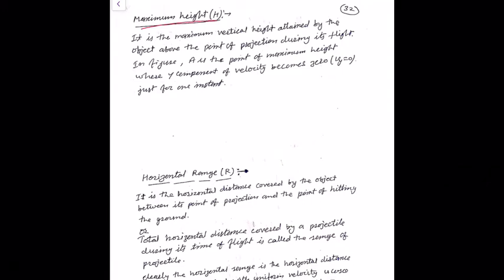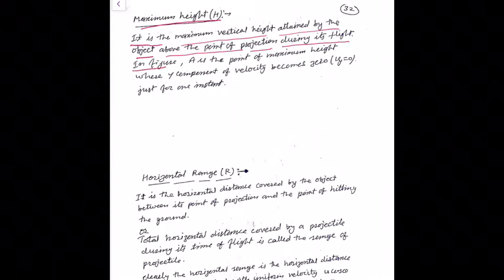Next, maximum height, represented with capital H. It is the maximum vertical height attained by the object above the point of projection during its flight.